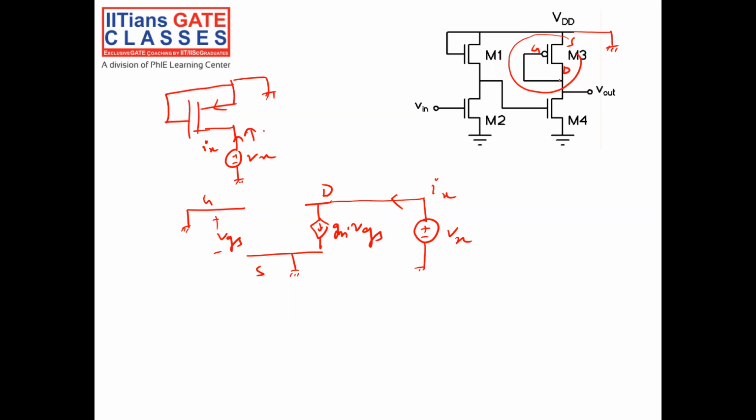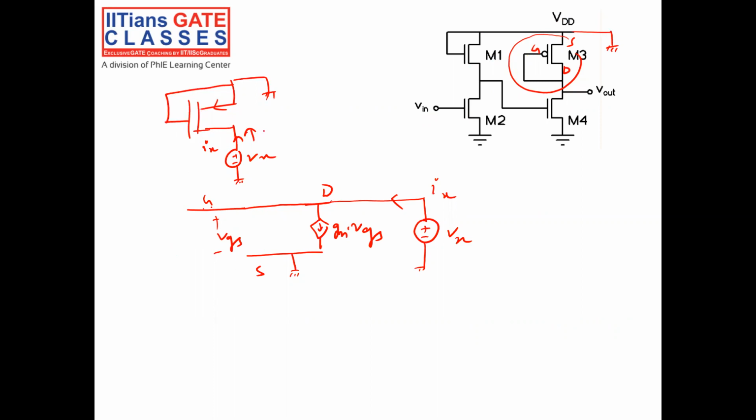Because you see, gate and drain are connected, right? So this implies VGS is nothing but Vx, because the gate is connected to the drain.